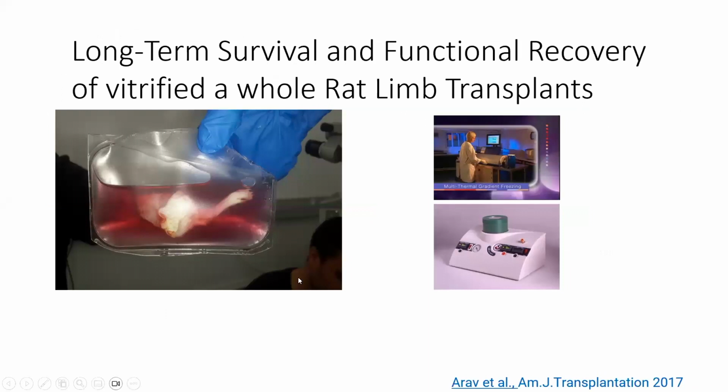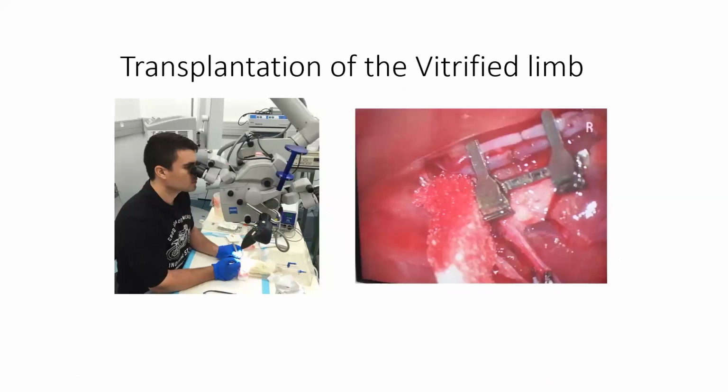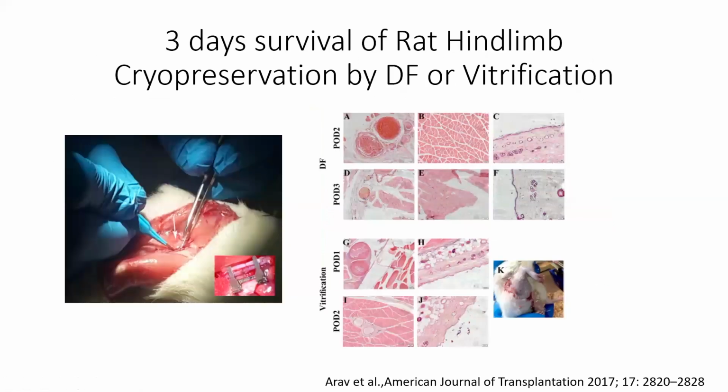We compared directional freezing to vitrification using this. After warming, we do anastomosis and transplant the limb back to the animal. You can see here the anastomosis of artery and vein. This was already published in 2017.